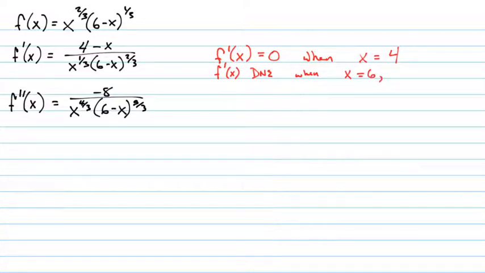What's the other value where it doesn't exist? What else will give us a 0 in the denominator? 0. Because 0 to the 1/3 is also 0, so that's also going to make our denominator undefined.